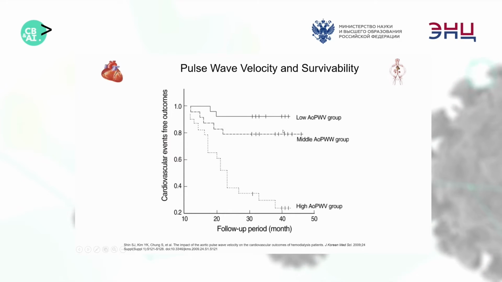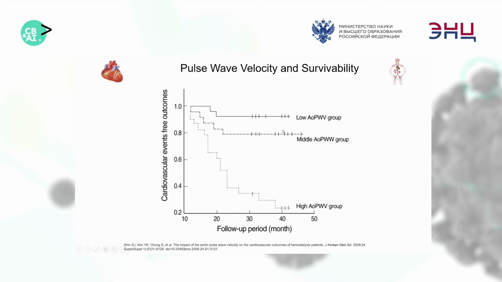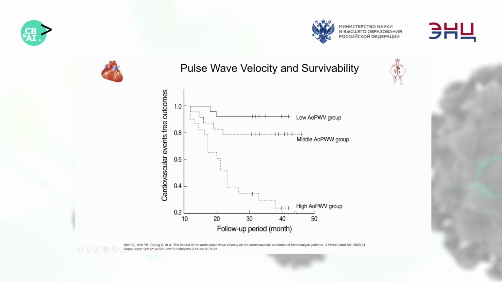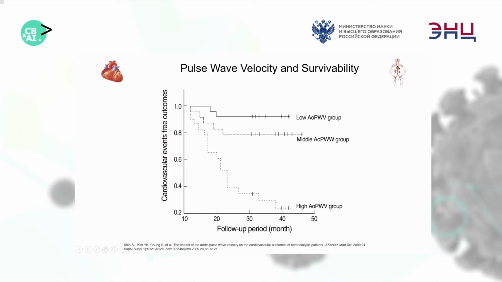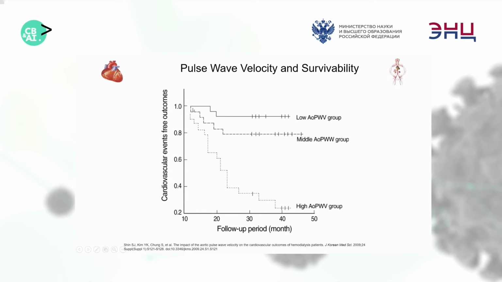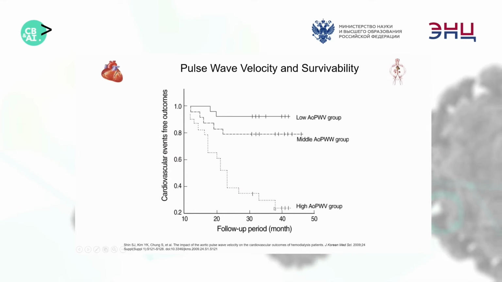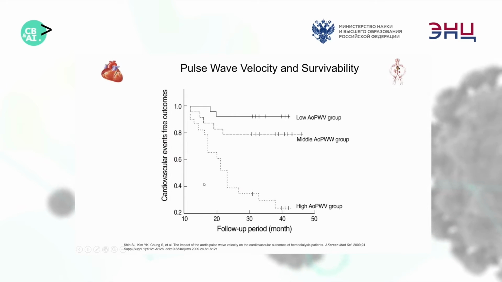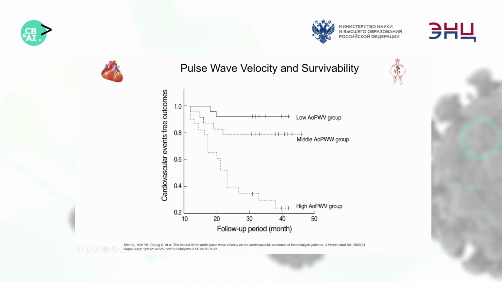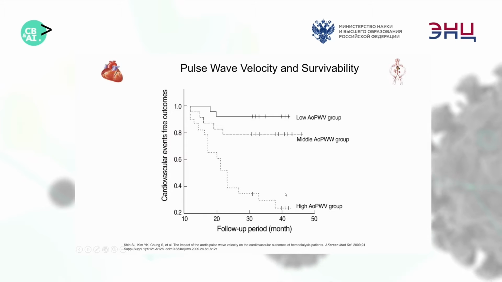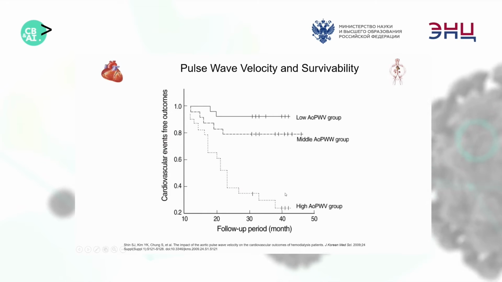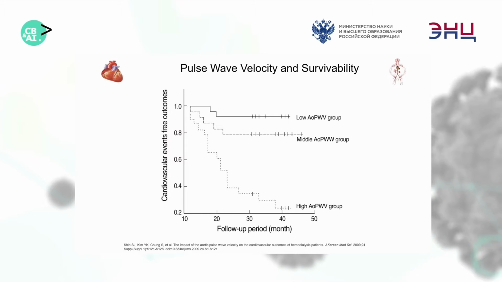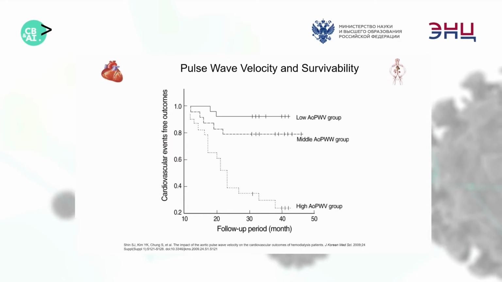These patients are split into three groups, with low, middle, and high aortic pulse wave velocity. We can see that the group with high pulse wave velocity has a very high rate of cardiovascular events after 40 months. So knowledge of pulse wave velocity gives us a lot of information about our patient. Can we leave this patient at home, or should we put him into intensive care?